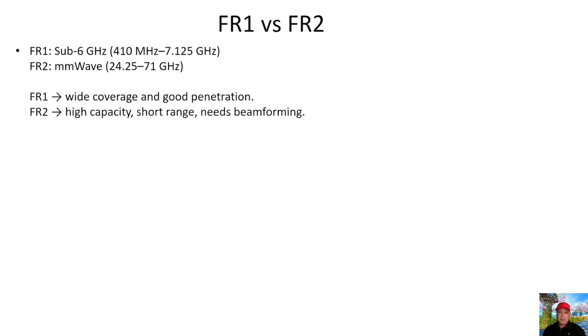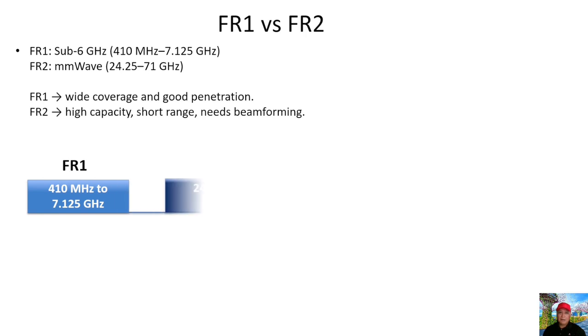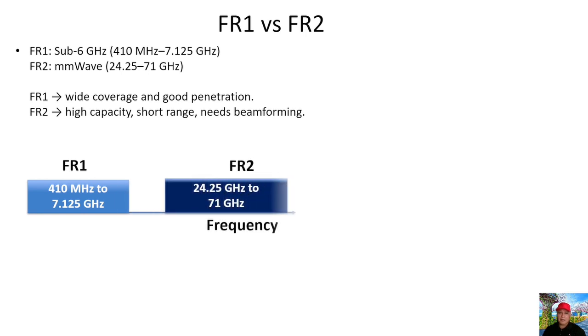3GPP separates all 5G bands into two major frequency ranges: FR1, sub-6 GHz, covering roughly 410 MHz to 7.125 GHz, and FR2, the millimeter wave, spanning 24.25 GHz to 71 GHz. Each range comes with unique physical and RF design challenges.